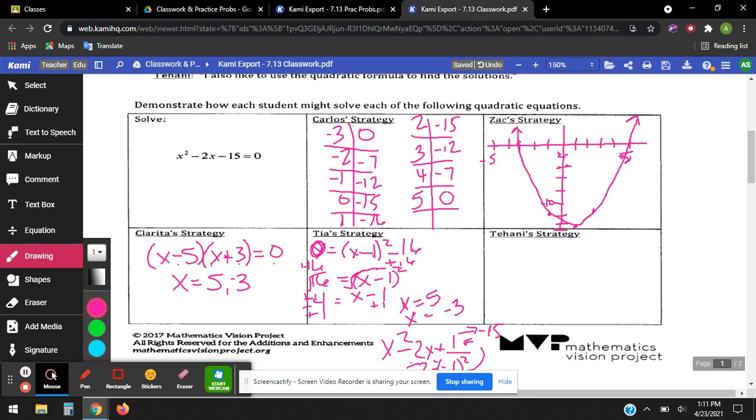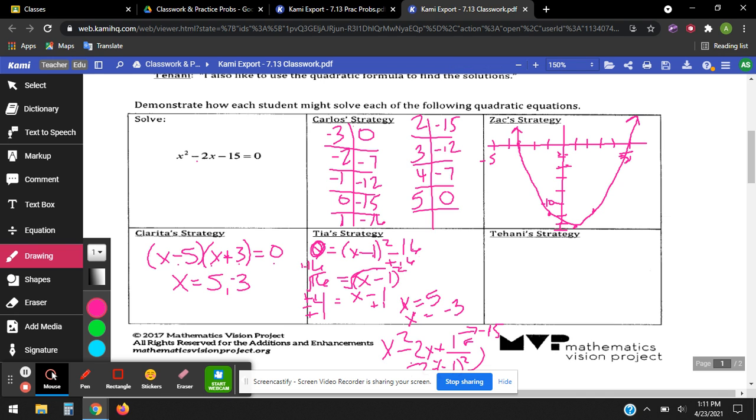Okay. And now we have Tahani's quadratic formula. We're actually going to simplify it a little bit because they were both over 2a. We can just take a negative b.